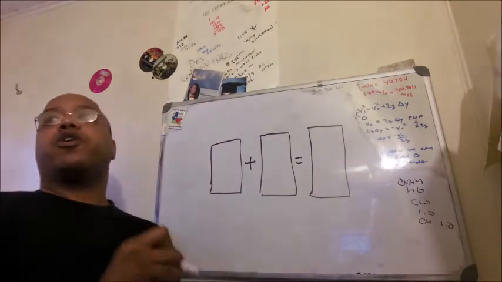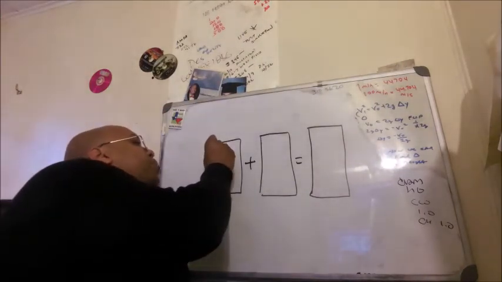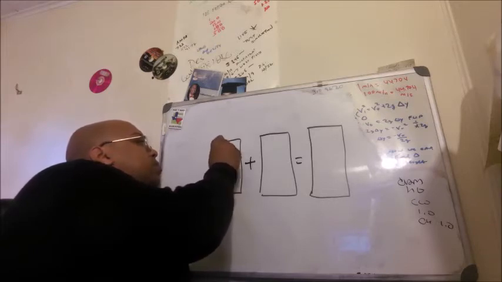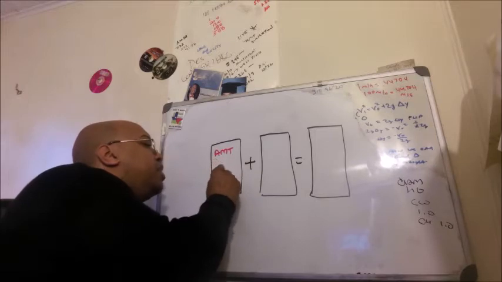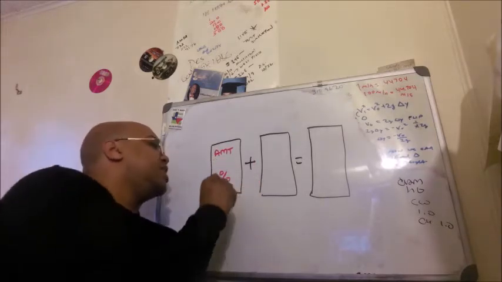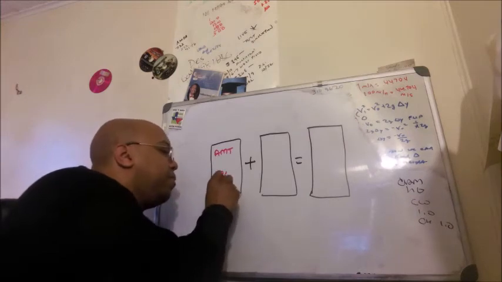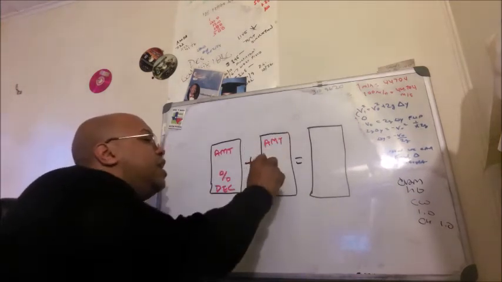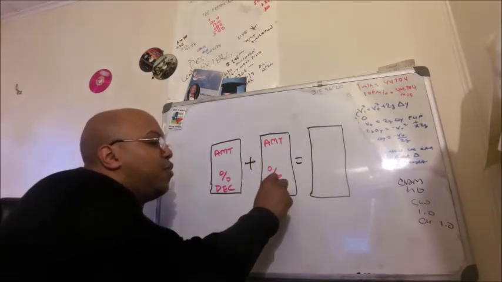Now, how these are going to work is we are going to have an amount and a percentage. But the percentage we're going to express in decimal form. Okay. And then we're going to have another amount, and then a percentage in decimal form.